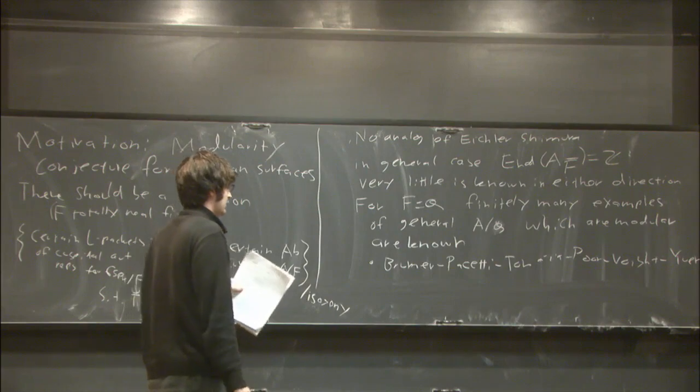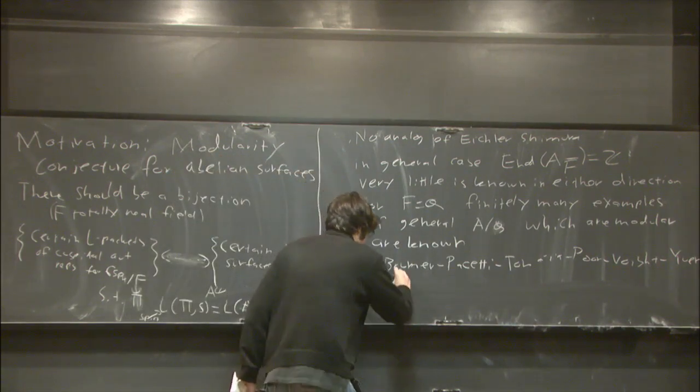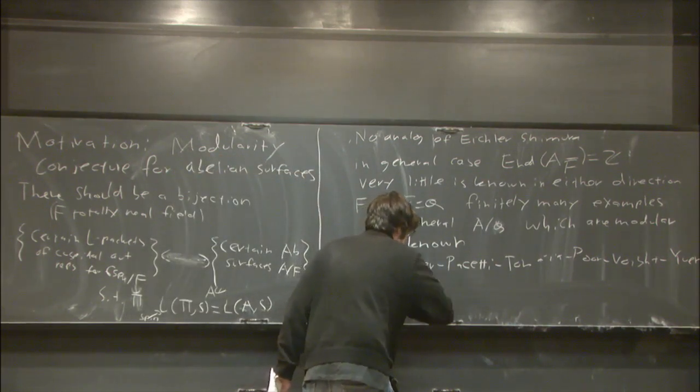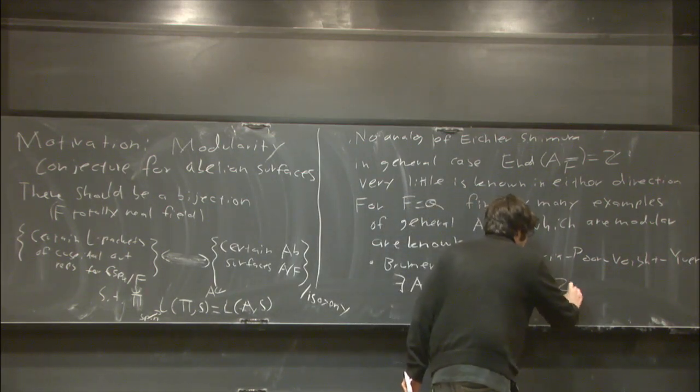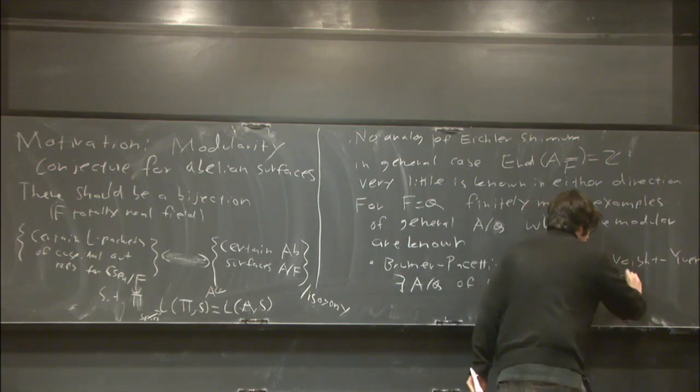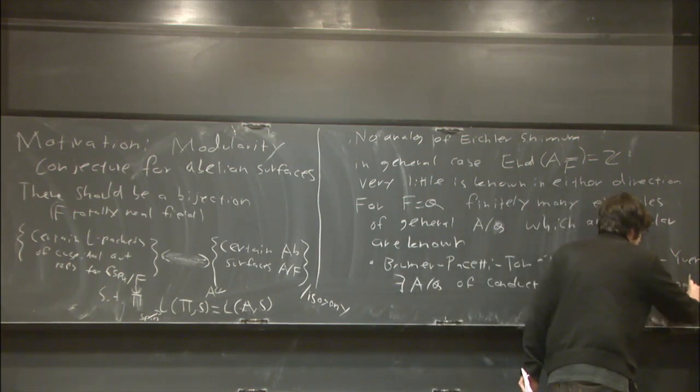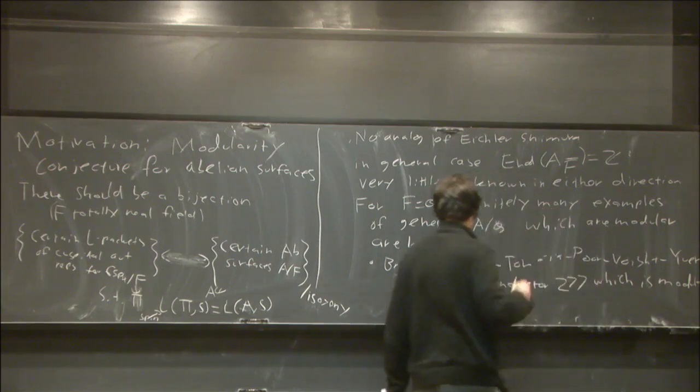For instance, they've checked that there exists an A over Q of conductor 277 which is modular, and it's of general type.